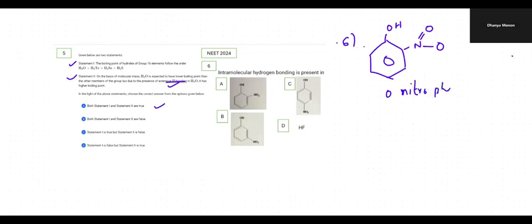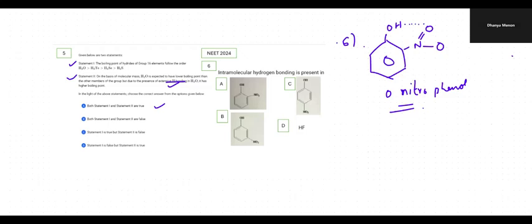There can be a hydrogen bond between hydrogen and oxygen, right? We had discussed this when we were doing the lesson on hydrogen bonding, okay? So over here, intramolecular hydrogen bonding means within the molecule.